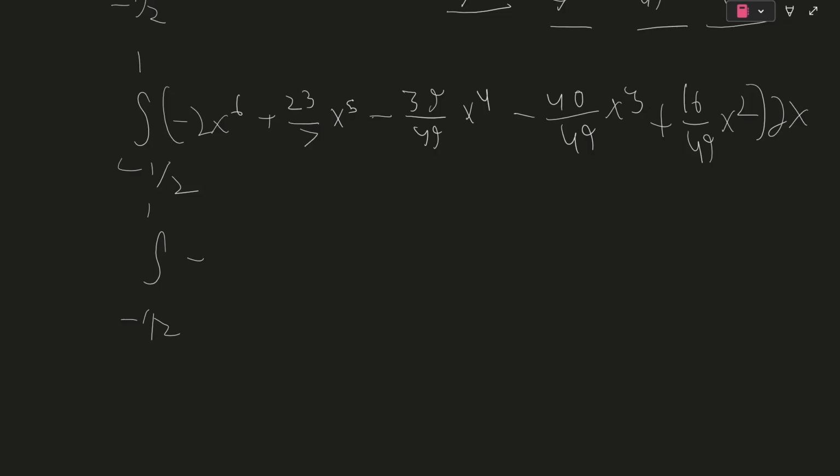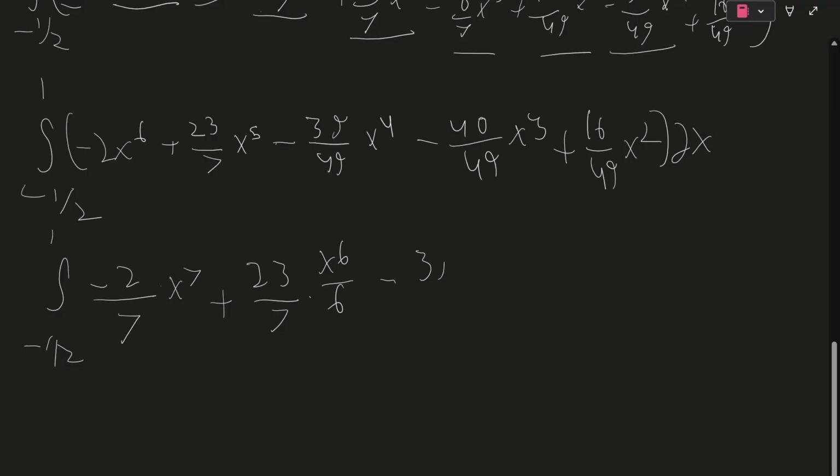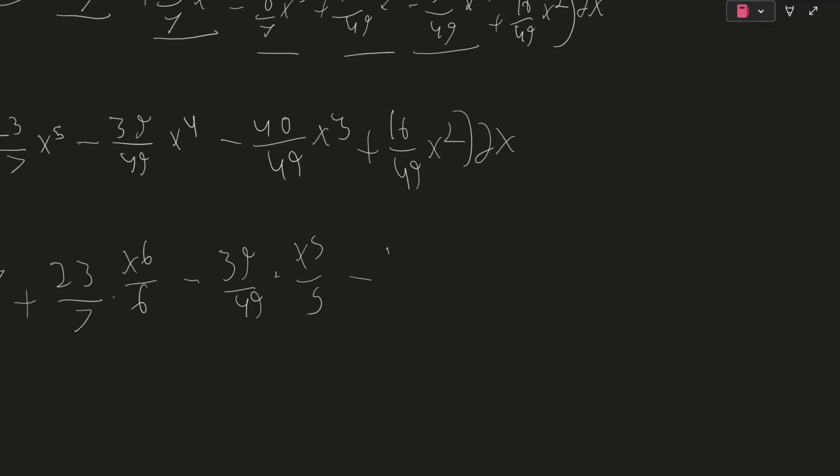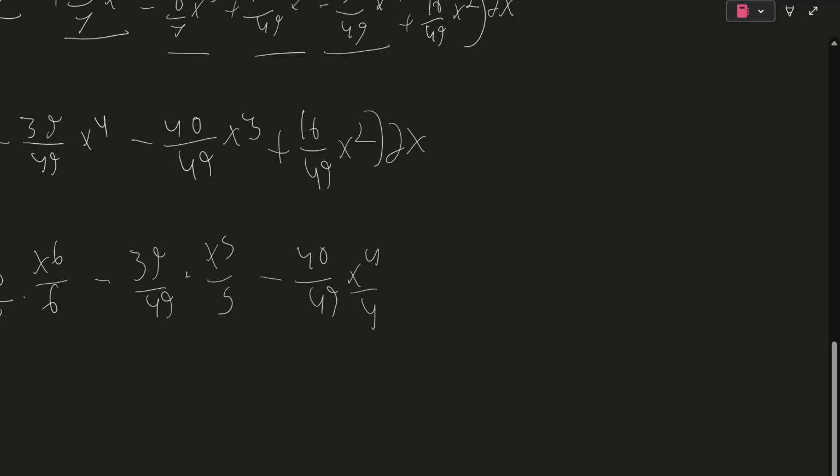And we have negative 1/3, or sorry, not negative 1/3, negative 2 over 7 x to the 7th plus 23 over 7 times x to the 6th over 6 minus 39 over 49 times x to the 5th over 5 minus 40 over 49 x to the 4th over 4 plus 16 over 49 times x cubed over 3.